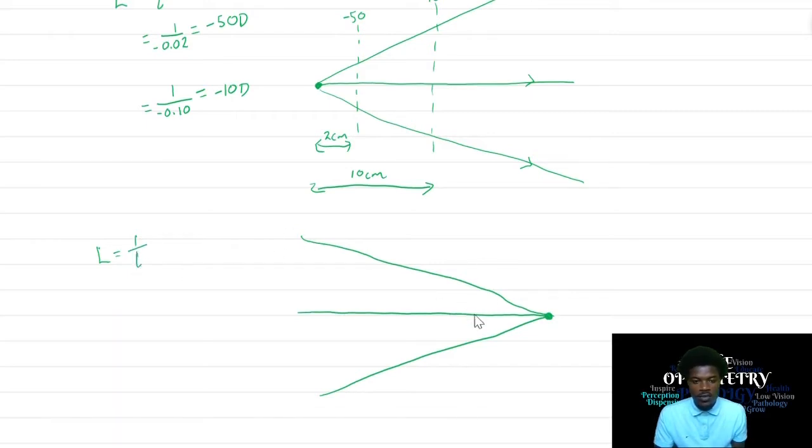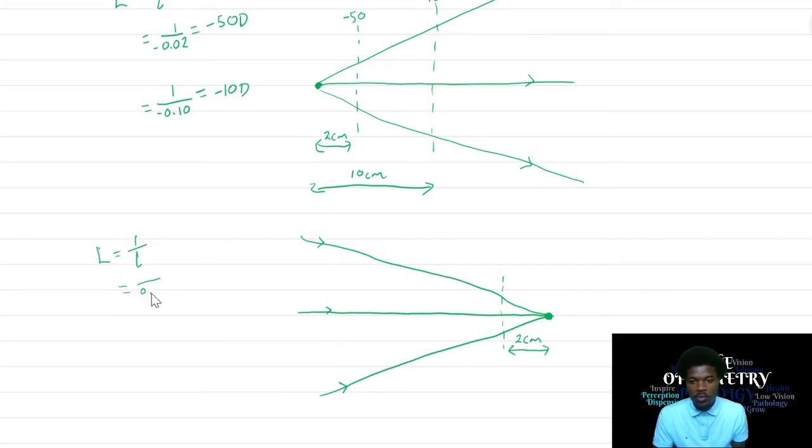In this case, perhaps we're looking at an area over here from the point source. What will be the vergence at this point? Let's go 2 centimeters again. Remember this is a convergent system, so this will actually be plus. So when we enter it here, we don't need to put in that minus sign.